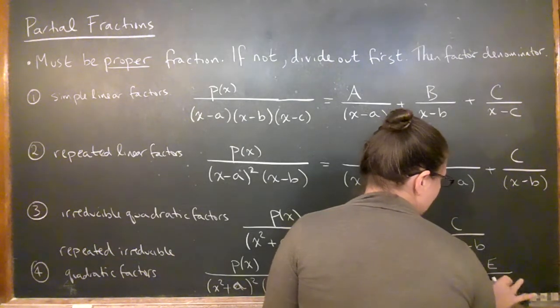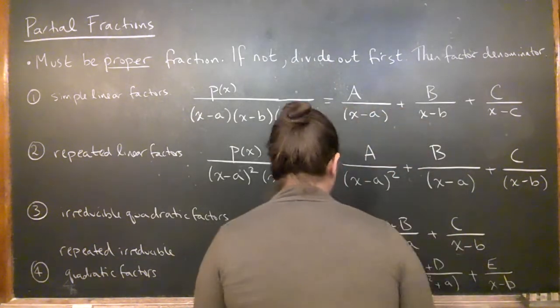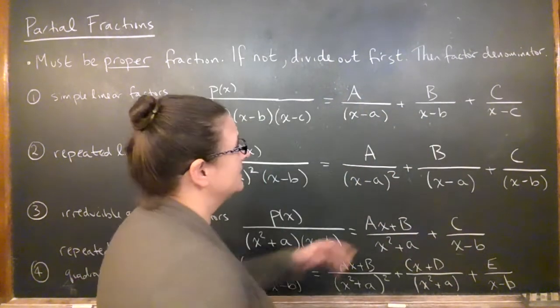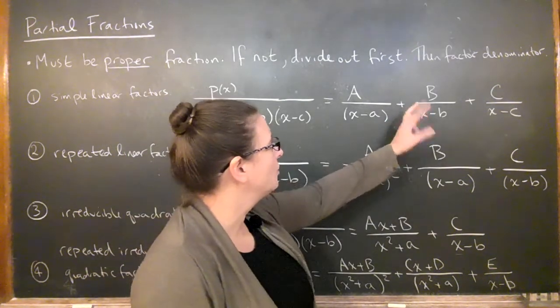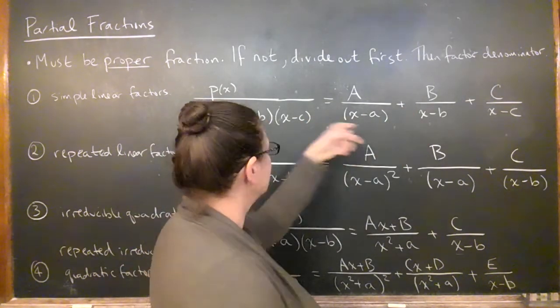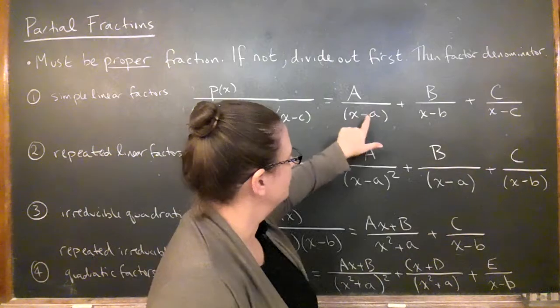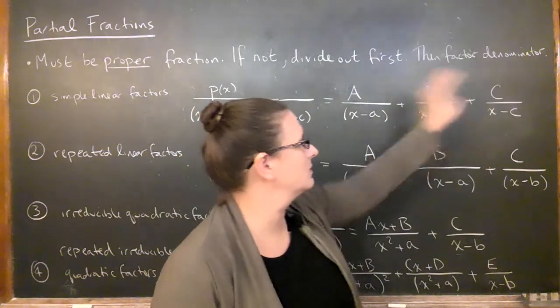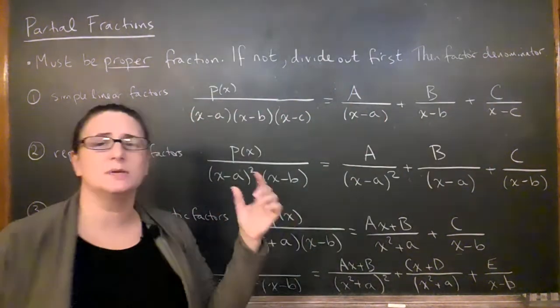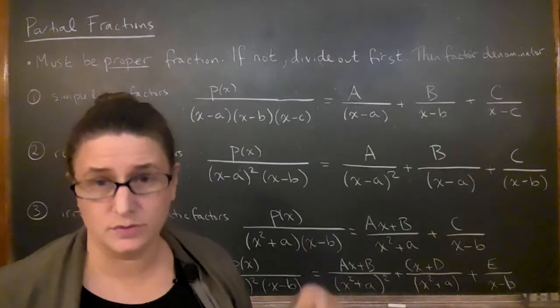And a couple of things. Of course, it doesn't really matter what order you do these in, right? It doesn't matter if I put x minus a over there or x minus b, but you have to keep straight which coefficient goes to which.